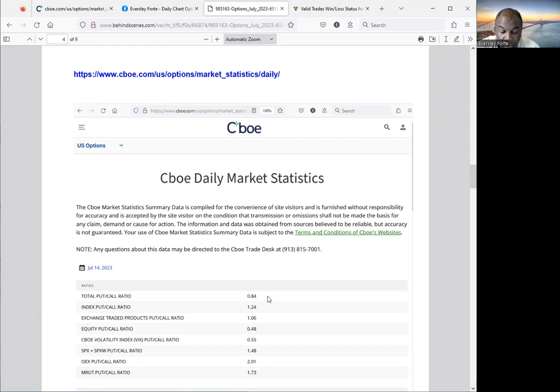And how we learned it from John and Hubert is, if the put call ratio is above a certain level or below a certain level, it means there's an extreme number of puts traded compared to calls being traded. Now, we don't know if more puts are being bought, if puts are being sold, if calls are being bought or if calls are being sold.